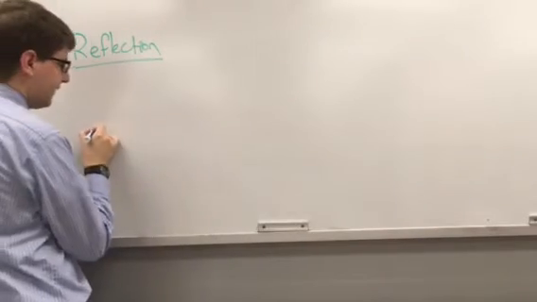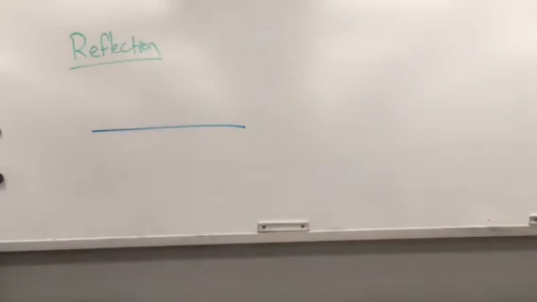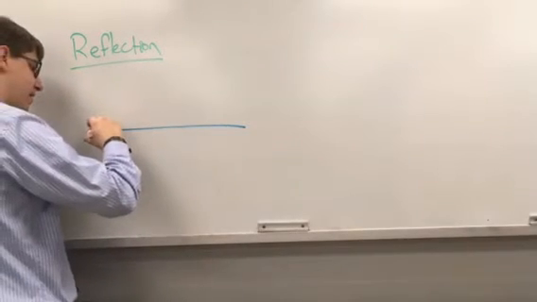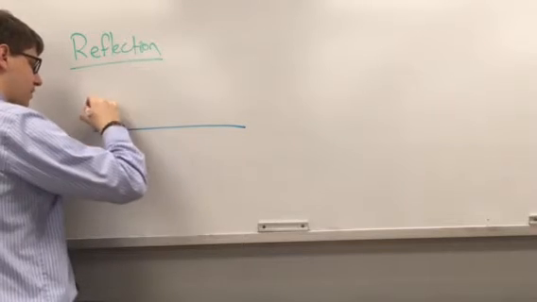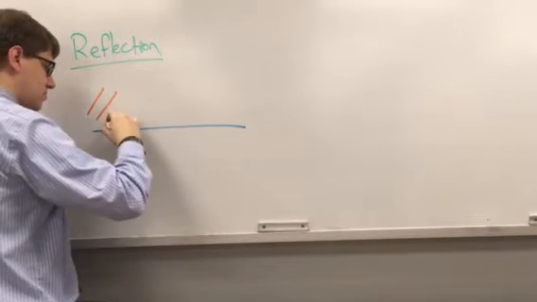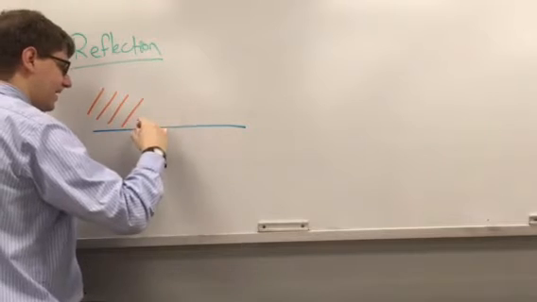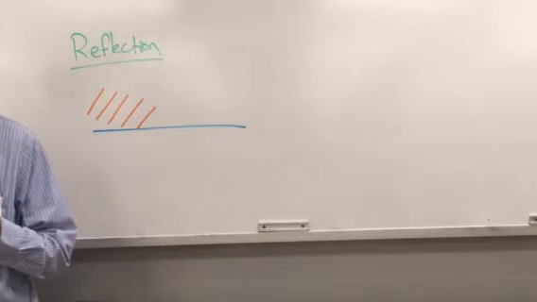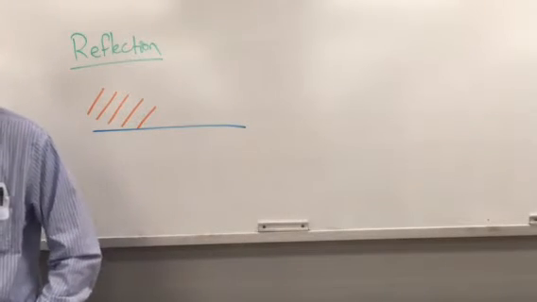So if you have a surface like this, and we have a light wave coming towards the surface like this, again, I'm drawing my wave fronts as equally spaced apart because we're going to assume this is a constant color light, so it has a constant wavelength.